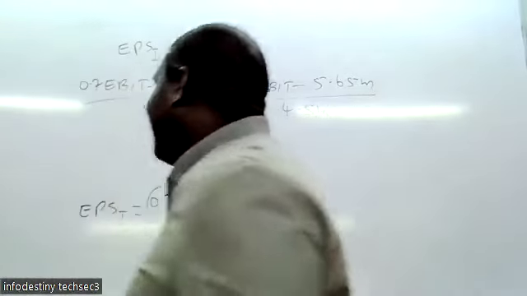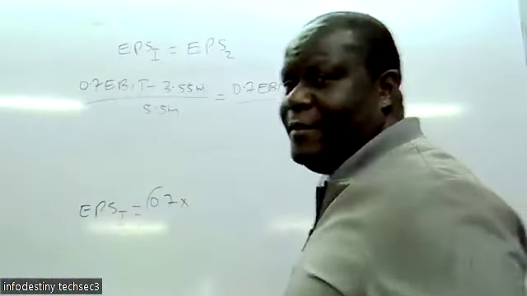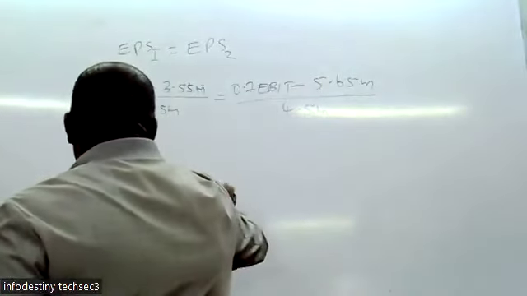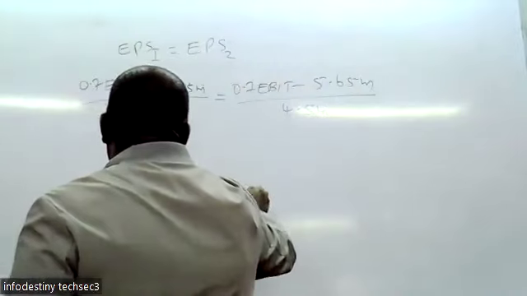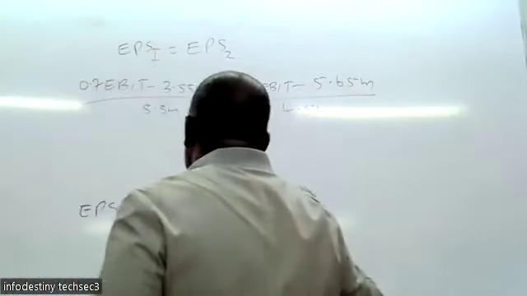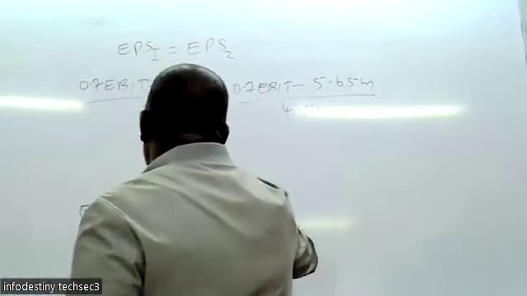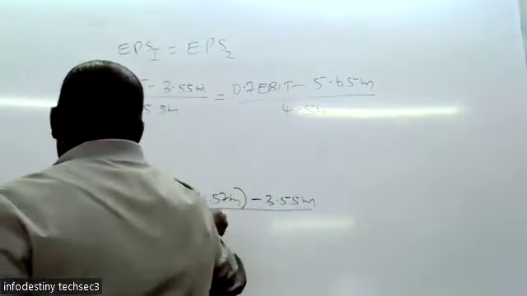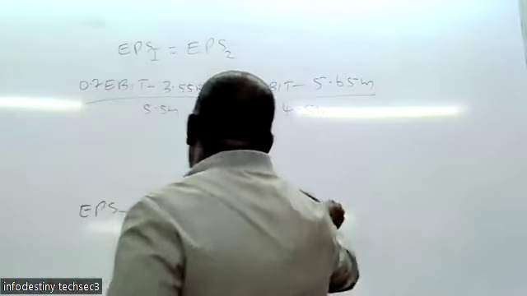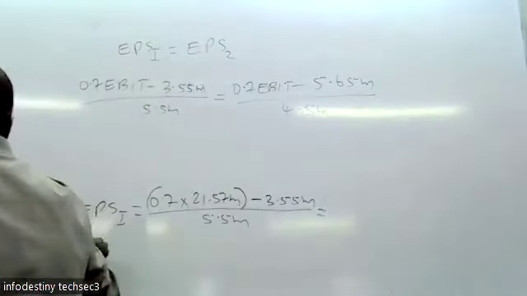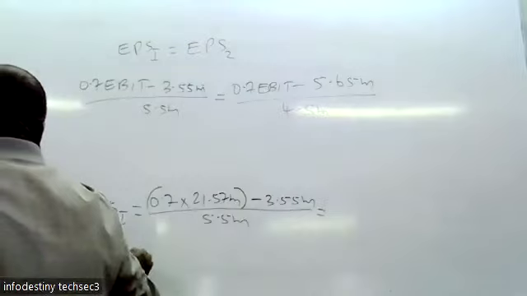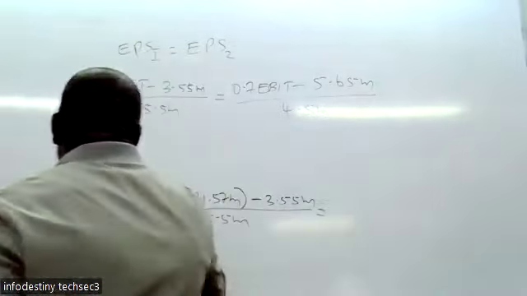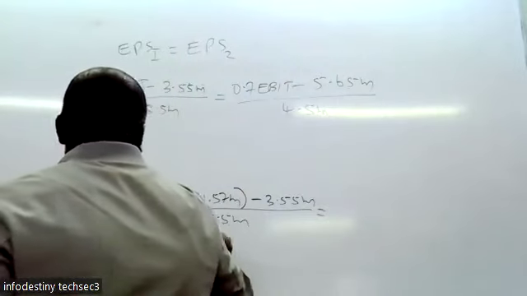You have said that earnings before interest and taxes 21.57. So earning per share for option 2 also 2.1.